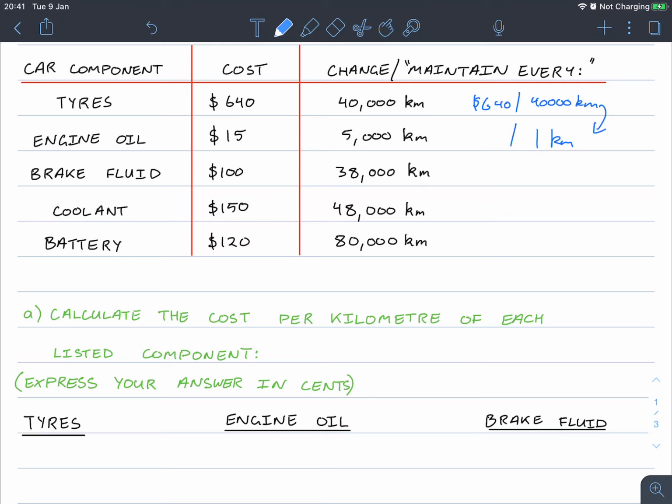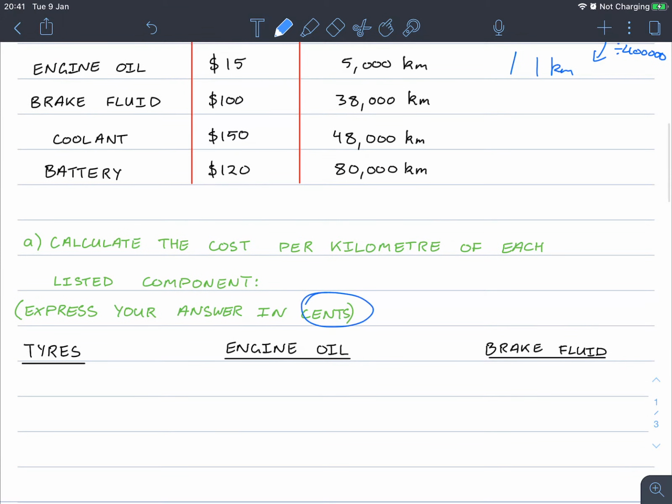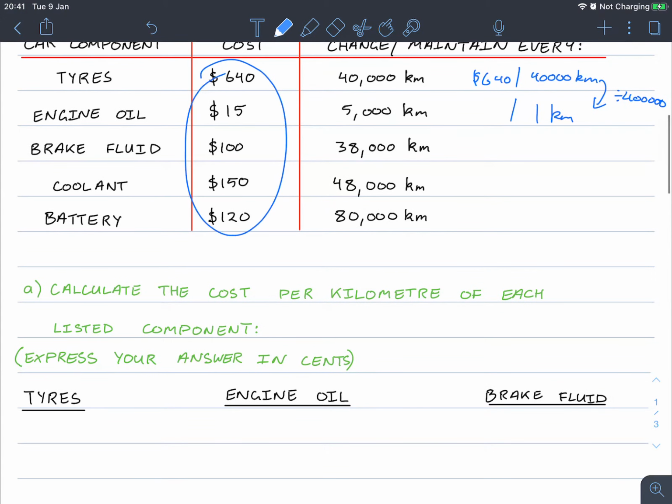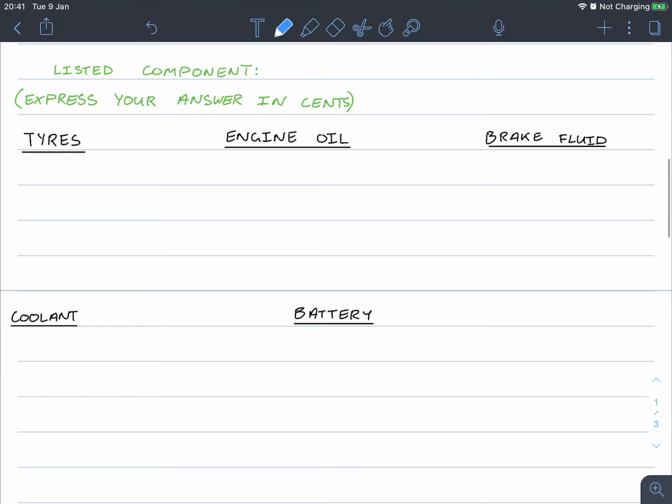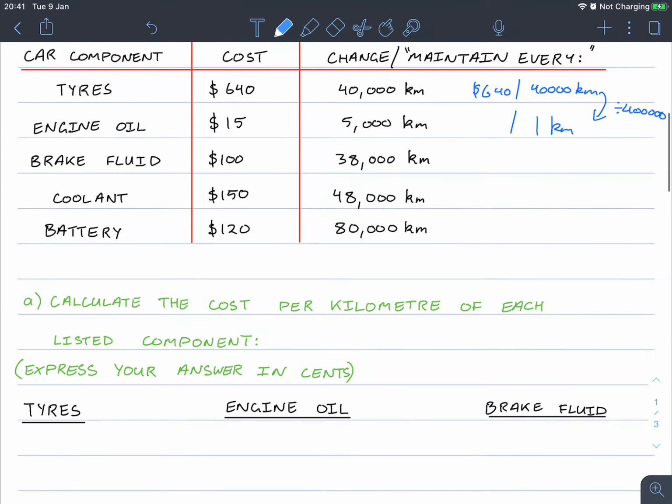Writing it in this way, it's pretty obvious that we're going to be dividing by 40,000, which is exactly what we're going to be doing. However, because we need to express it in cents, we need to convert each of these amounts to cents before we start converting them into a unitary rate per kilometer.